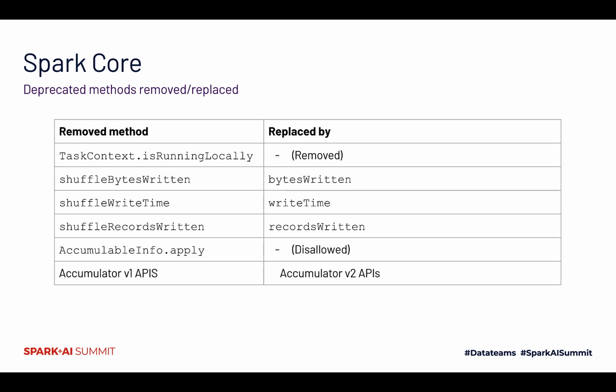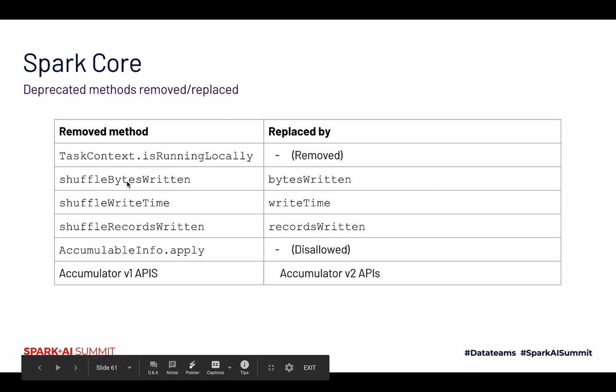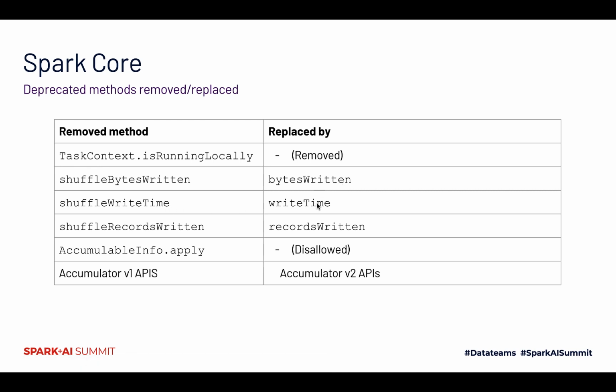A few other things that have been changed, just a few method renames. Number one, shuffle bytes written has just been renamed to bytes written. Shuffle bytes write time, renamed to write time, and so forth. A few of these renames shouldn't affect a lot of people, but it could affect you if you've written some of these listeners. The other thing that's worth calling out here, there was a method in task context called isRunningLocally.